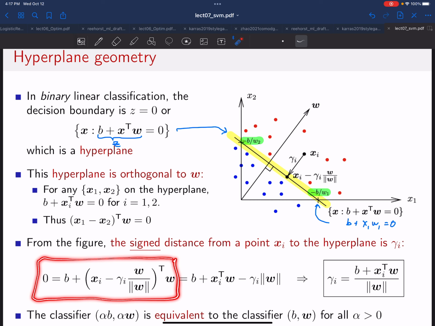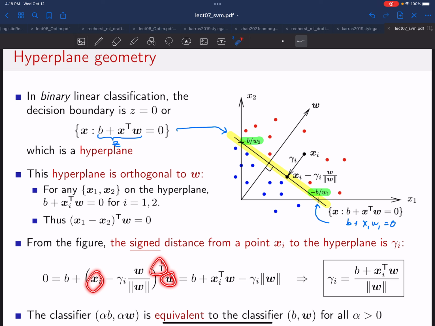Is this okay? So we have this, and we want to basically solve for gamma i. It's not too difficult, so let's just do this multiplication. We have xi transpose w, that's going to be here. And then for this next term, we have w transpose w. Remember that w transpose w is the squared Euclidean norm of w. We're going to divide that squared Euclidean norm by the unsquared Euclidean norm, and that just leaves us with the unsquared Euclidean norm.